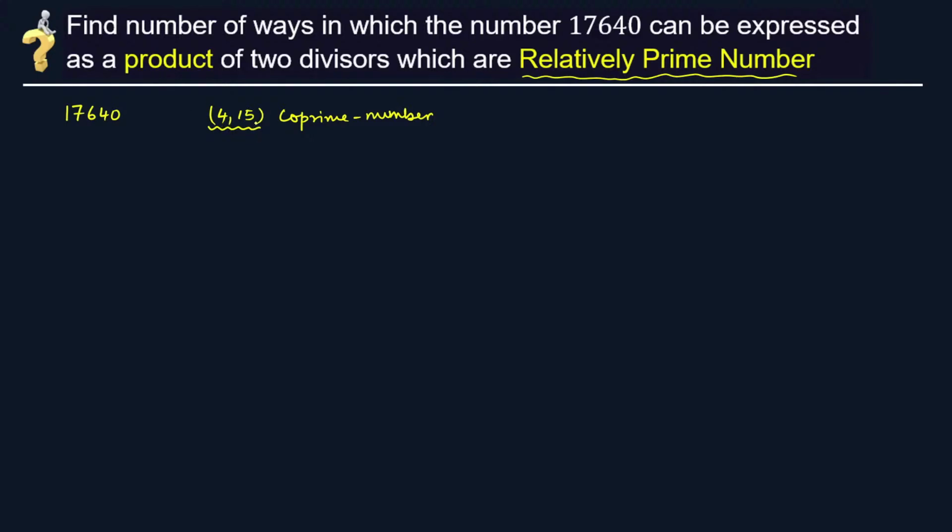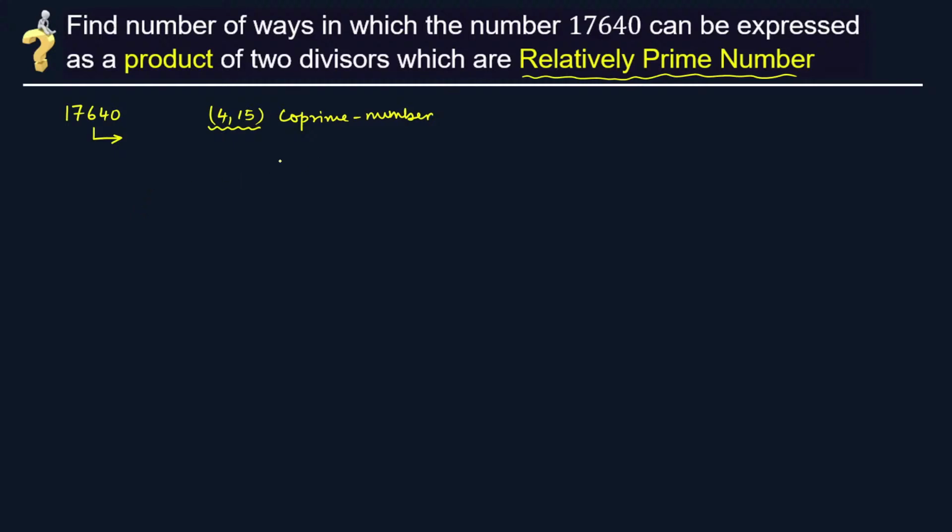But individually, 4 and 15 are not prime numbers, and we don't need that. It is co-prime only when the GCD or HCF between the two numbers is 1. So now you have to find how many ways there are of expressing this natural number as a product of two divisors which are relatively prime.